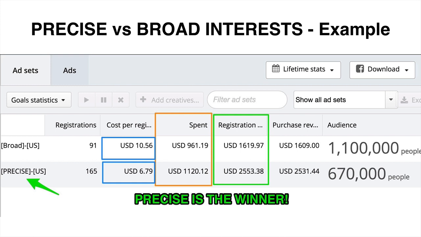Your precise keywords are always going to have smaller audiences than broad because they're more passionate. So, they're just going to be smaller audiences. Now, what you're looking at in the center, in the blue box, is what's called my cost per conversion.